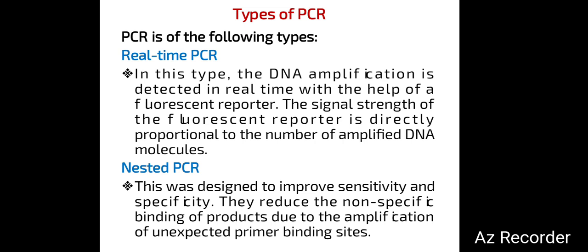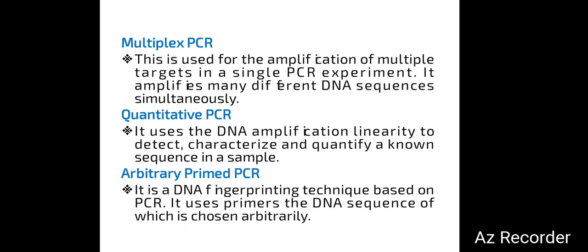PCR consists of 3 major cyclic steps. First one is denaturation, second one is annealing, third one is extension. First, denaturation. Denaturation occurs when the reaction mixture is heated to 94 degrees Celsius for about 15 to 30 seconds.